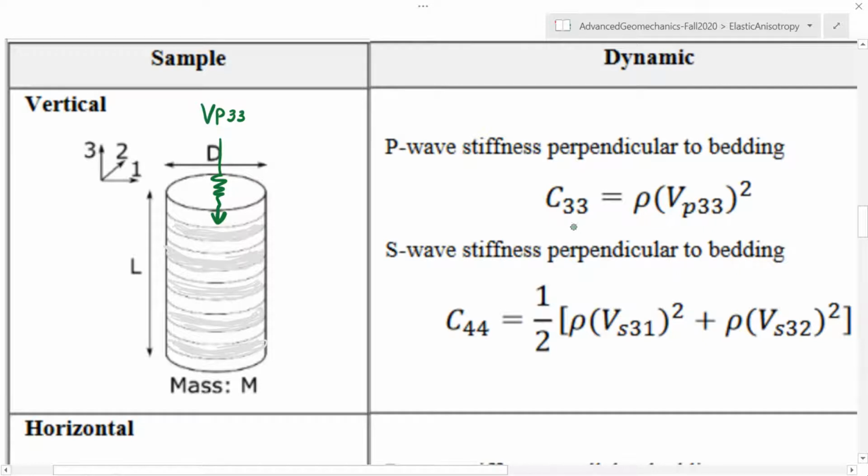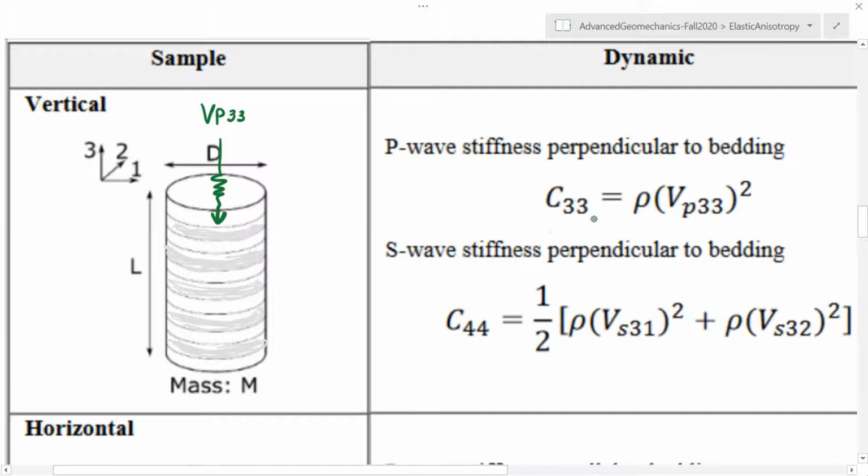And in that case, if I have such a wave, what I'm going to recover is directly the stiffness parameter C33. Why? Because I'm just causing a deformation due to a change of stress in direction 3. And when you isolate that in the stiffness matrix, you see right away that this depends only on C33.